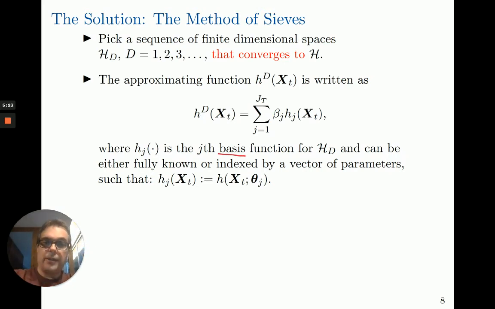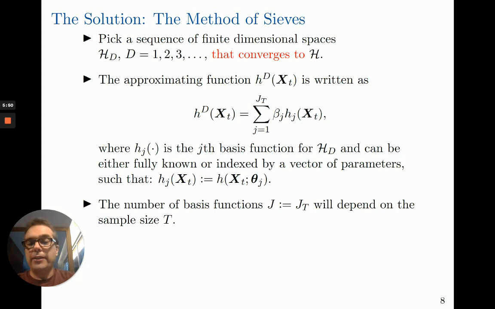for the space calligraphic H_D, and this function can be fully known, as we are going to see in many examples, or even indexed by a vector of parameters that we will have to estimate. And then we have h_j of x will be an h of x and a vector of parameters theta_j. Okay?